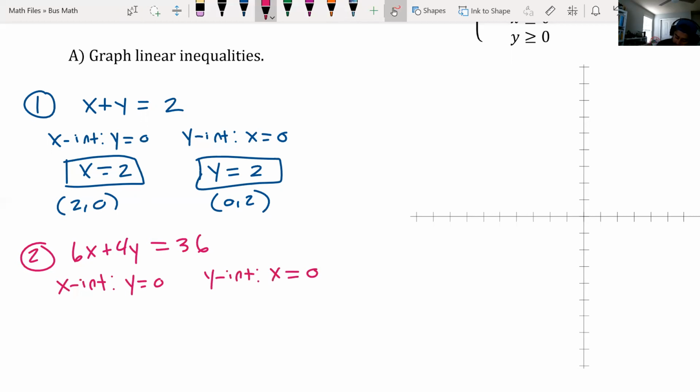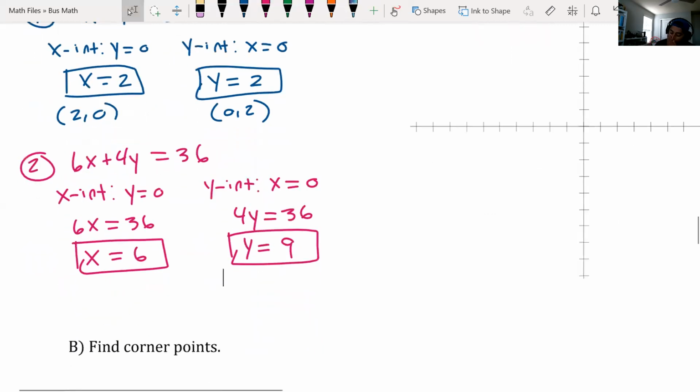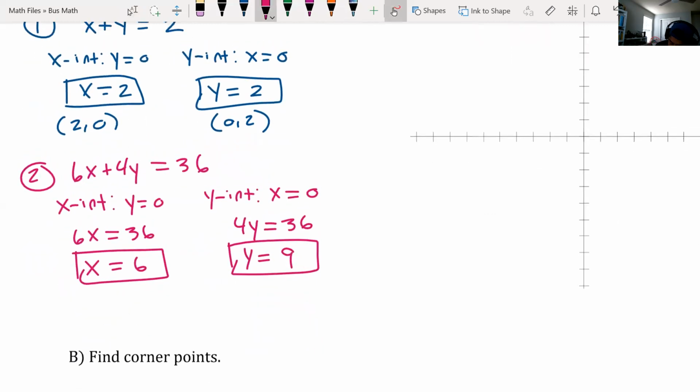And for the x-intercept, you'd get 6x equals 36, and x would be 6. For the y-intercept, 4y would equal 36, and y would be 9. Okay. So this makes the points 6, 0, and 0, 9.